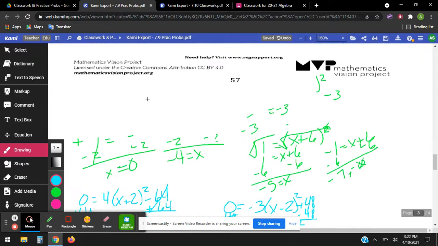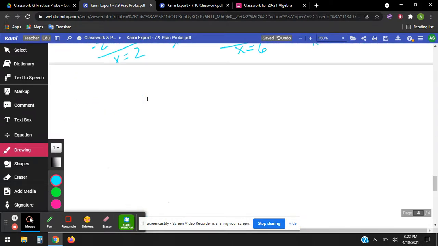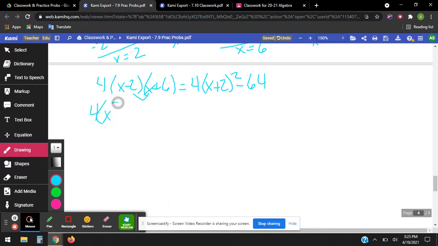So I'm going to go down here to the clean space for (x minus 2)(x plus 6) equals 4(x plus 2) squared minus 64. Well, let's just start solving. I'm going to solve out my trinomial here and do x squared minus 2x plus 6x minus 12 equals 4.